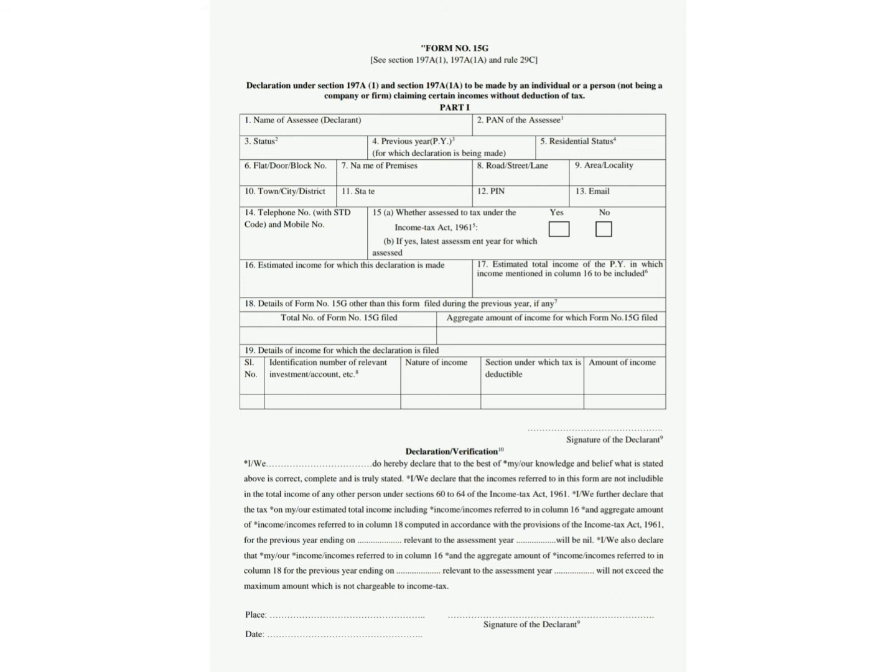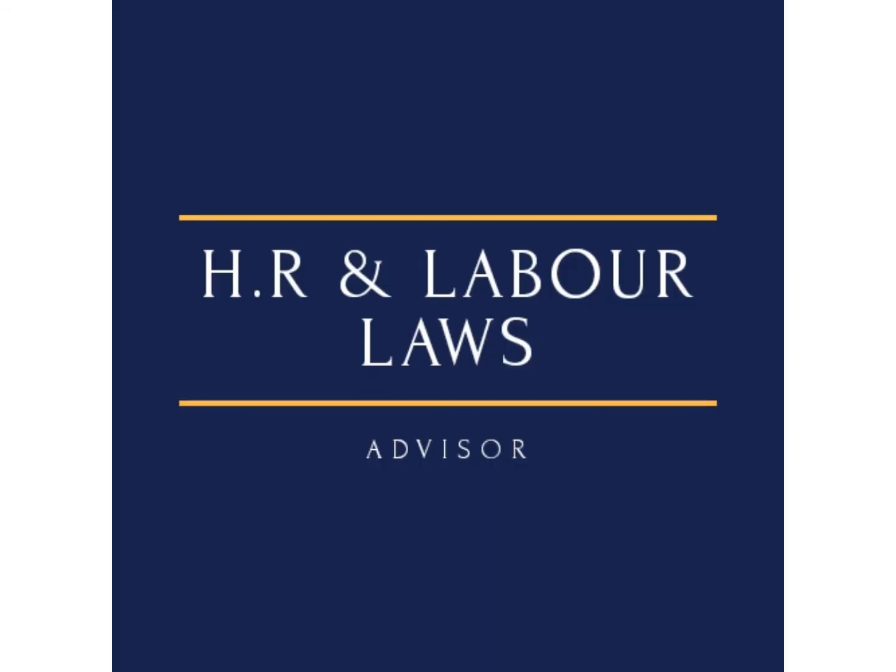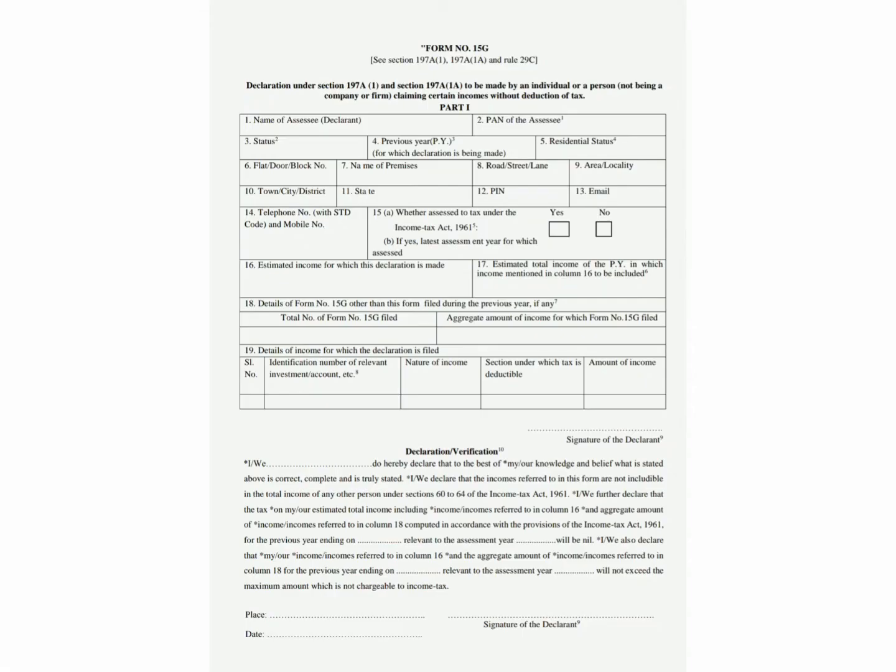Mention your UAN number here, that is your identification number. So write your UAN number under identification number of relevant investment or account. Under serial number write 1 in point number 19.